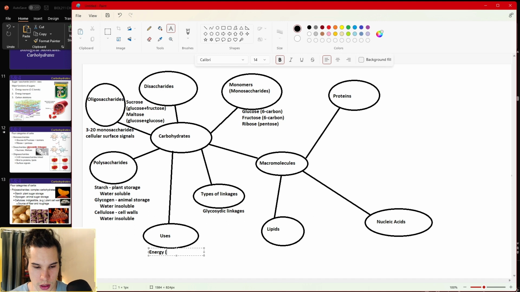And that energy is actually stored in carbon-carbon bonds within your sugars. It's used for cell surface signals. We're going to be a little redundant here because I know I mentioned it up here. Cell surface signals. Also used for your carbon skeletons.